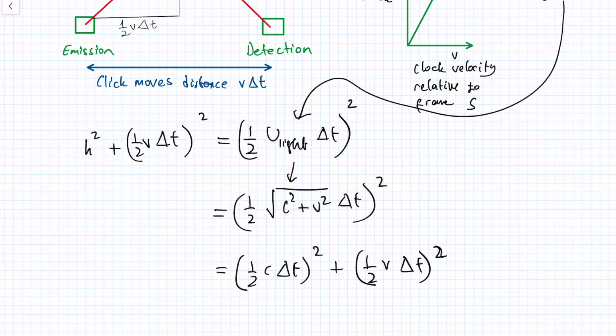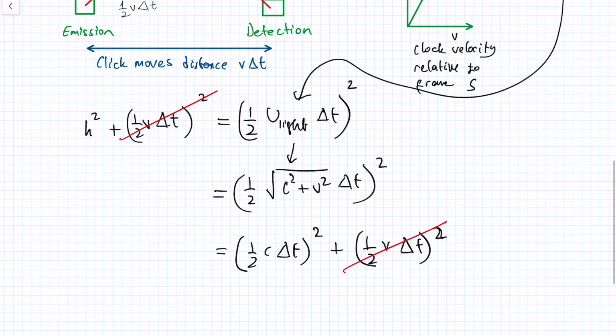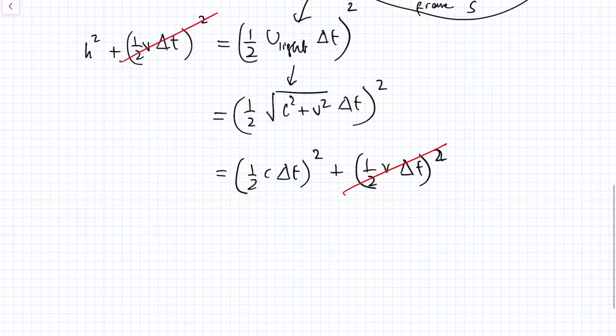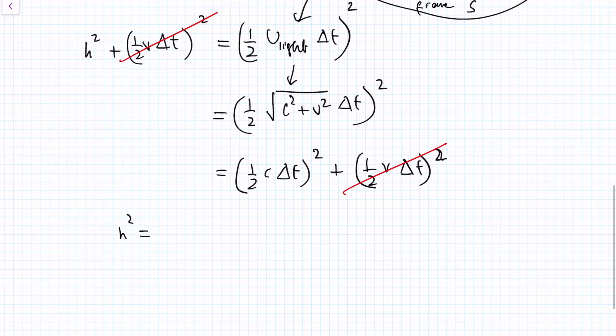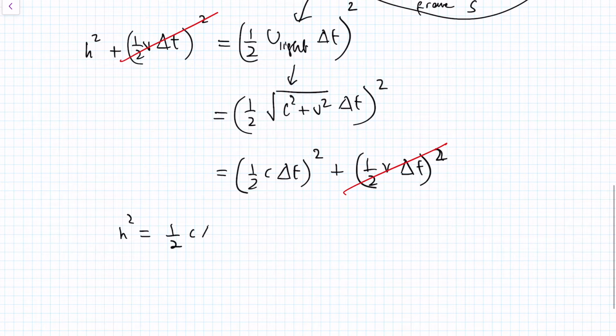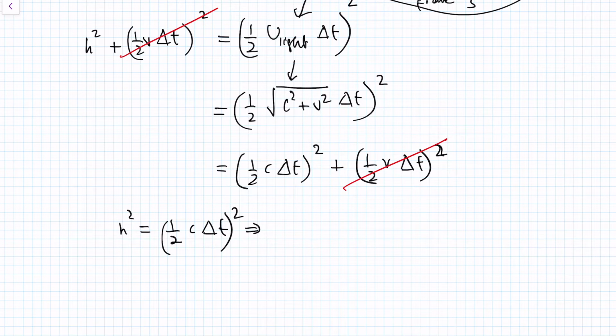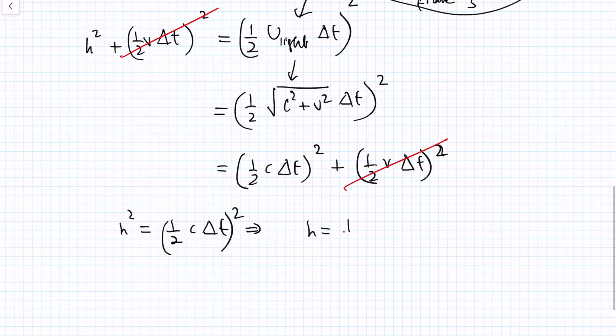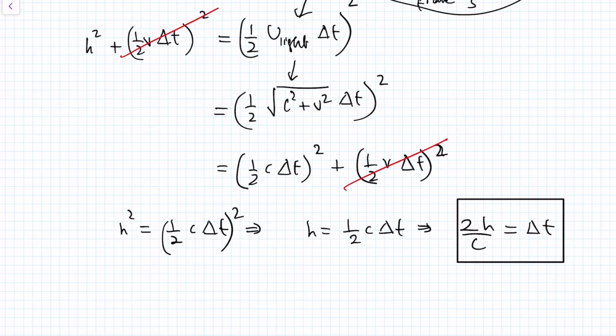And if you notice, we have that cancelling with that, so we will have h squared equal to (1/2 c delta t) squared. That implies that we must have h equal to half c delta t. That implies 2h over c is equal to delta t. That is the answer we have.